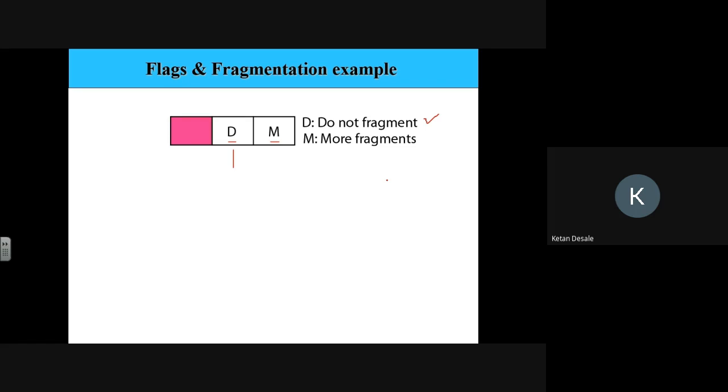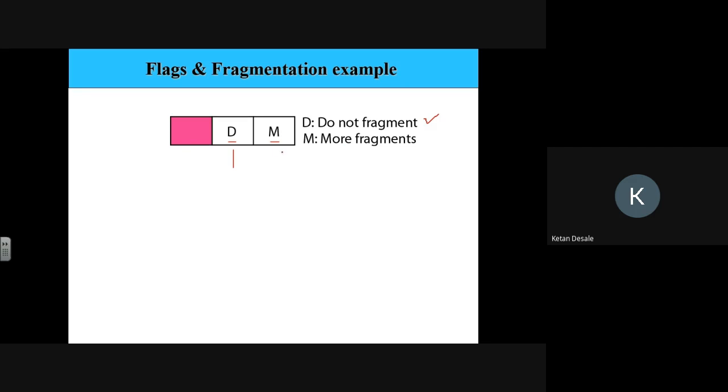So if the problem happens at 99.99%, only that last packet, which is very small in size, will be affected, and the time required to upload that small packet is very little because the remaining packets have already been uploaded to the cloud. That is why we need fragmentation. If the D bit is set to 1, the devices will not have the provision to fragment the packet.